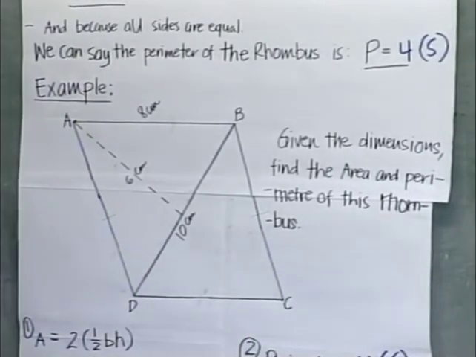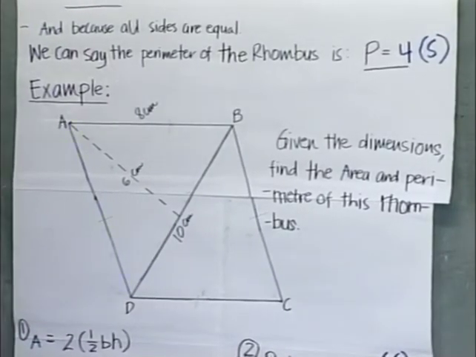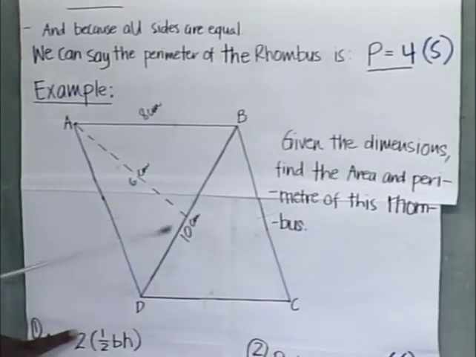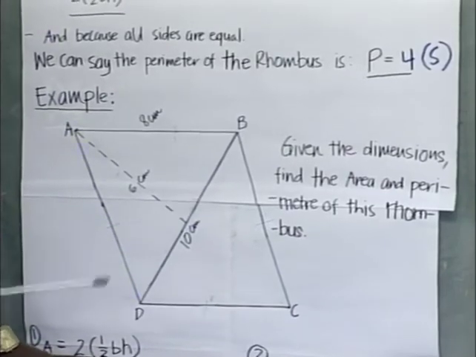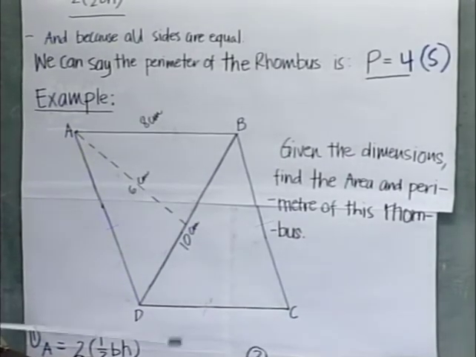Come on. If this is 6 and this is 8, the diagonals bisect each other at right angles, which means this angle is supposed to be a right angle. If that is so, if this is 10, then this is 5. Does it agree with 8, 6, and 5?